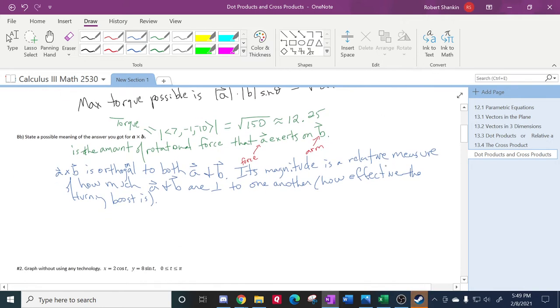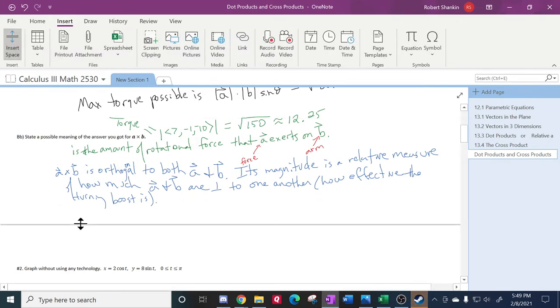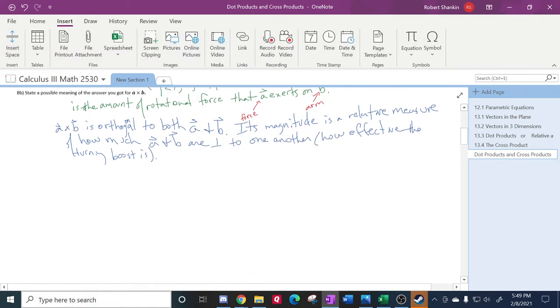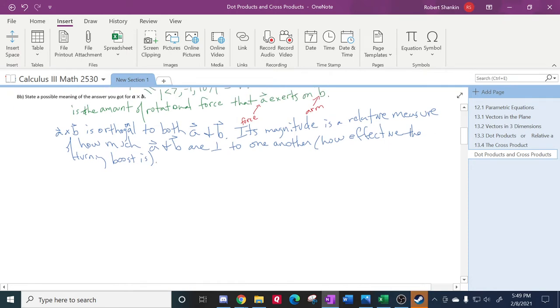All right, let's go back to the other group, group 2. Any other interpretation, possible meaning of A cross B? Let me open it up to either group, to anybody.